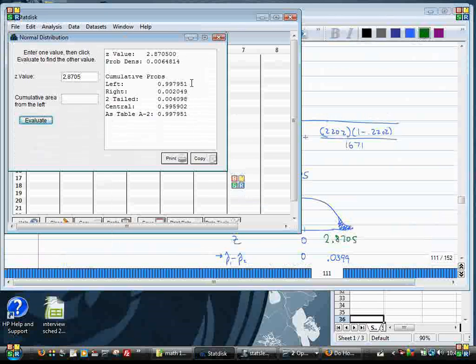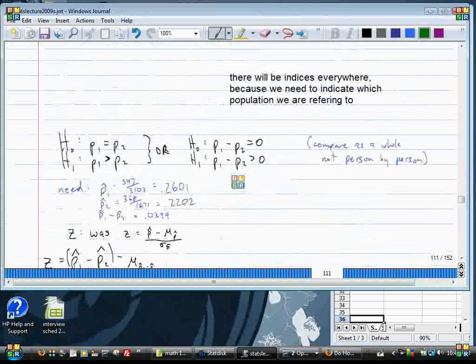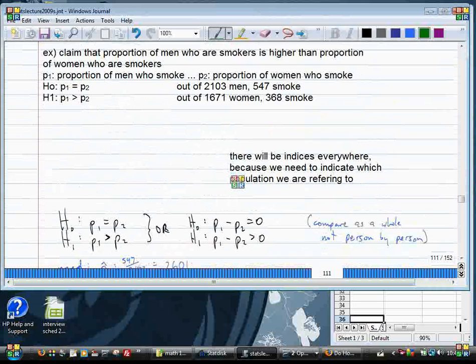We round it to 0.9980. Just 0.0020. So what's our conclusion? We are 0.9980 confident that what? Right. Higher proportion, to be technically correct.